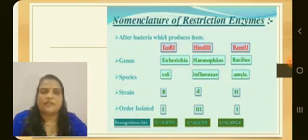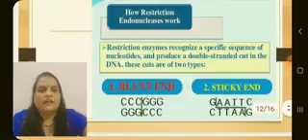And the last Roman numeral indicates the order of the restriction enzymes isolated from the particular strain of the bacterium. For example, this is the first enzyme isolated from EcoR, that is EcoR1. The recognition site of EcoR1 is GAATTC.